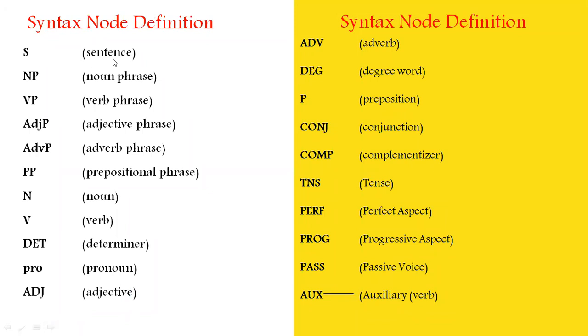So S stands for sentence, NP stands for noun phrase, VP stands for verb phrase, adjective phrase has this particular short form, adverb phrase, PP means prepositional phrase, N means noun, V means verb, DET means determiner, PRO means pronoun, ADJ means adjective.